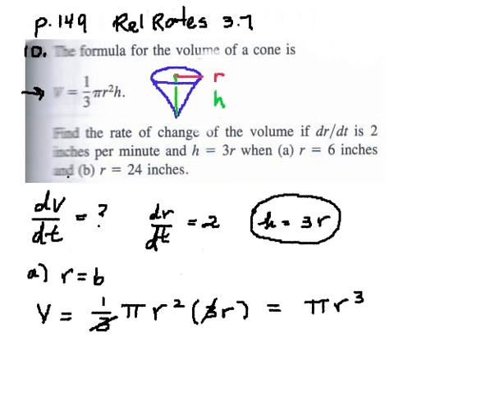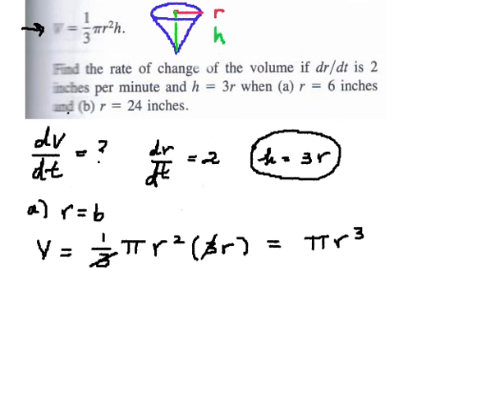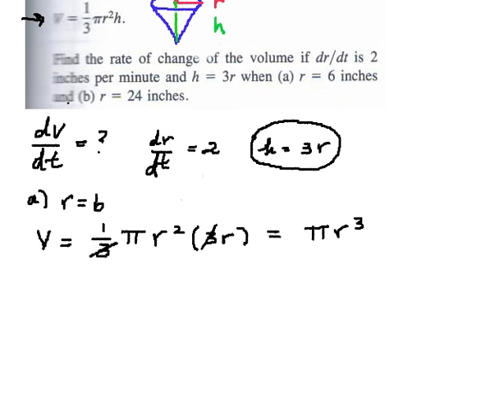Okay, now let's differentiate with respect to t. So we have dV/dt is equal to pi times 3 r squared dr/dt. Okay, so now we're ready to substitute in.